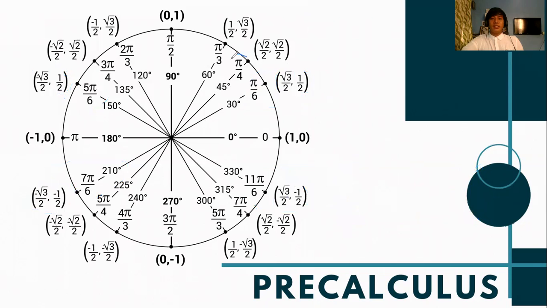Another family is the family of pi over 4 radians. Let us obtain them. We have 3 pi over 4, 5 pi over 4, and 7 pi over 4. That is why mathematicians use the radian measure, because we can easily detect the equivalence of the trigonometric points.